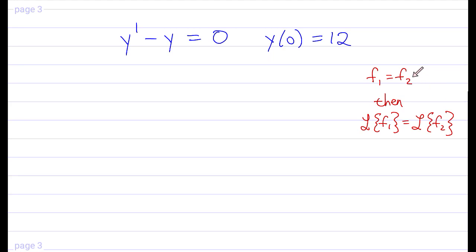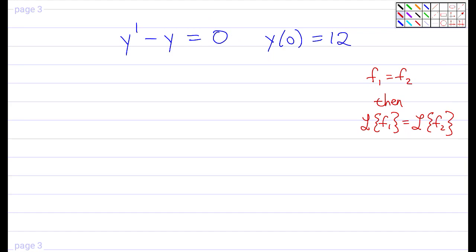It's fairly easy to show that if two functions are equal, their Laplace transforms are equal because we get the same integral. But it's also true that if the Laplace transforms are equal, the functions must have been equal. That's much harder to show, but we're actually going to need that. Anyway, this straightforward theorem allows us to take the Laplace transform of both sides of this equation.